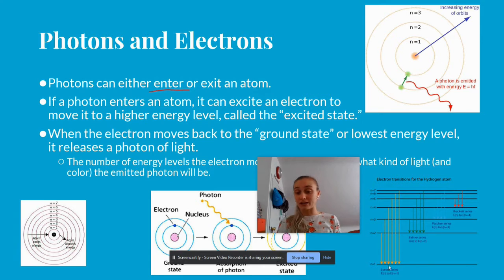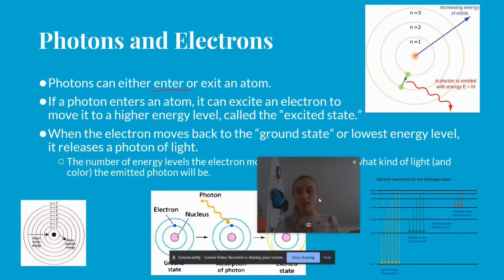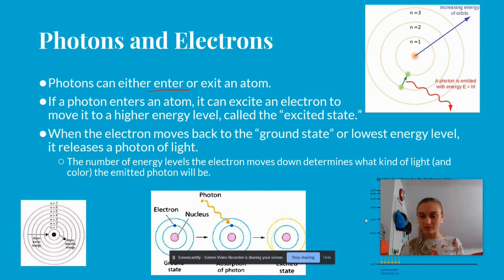You can jump back down to the ground state and release a completely different amount of energy, aka a different color of light. Okay, so that's just what this is showing you. So don't let this thing behind my head scare you. That's just what it's showing you, that depending on where you're jumping from, different light will be released.